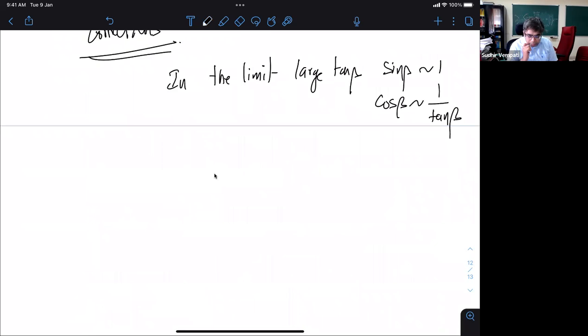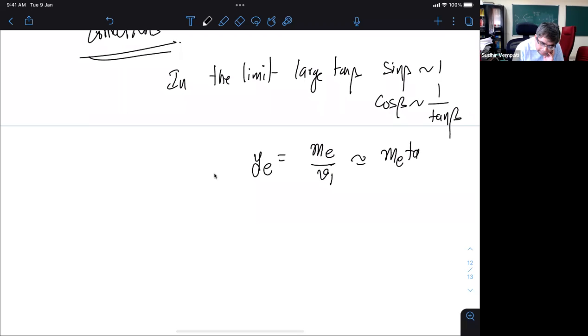Okay, so the Yukawa couplings. Yukawa coupling YE becomes ME by V1, right? That's right. So V1 goes as 1 by tan beta, so that increases by tan beta.